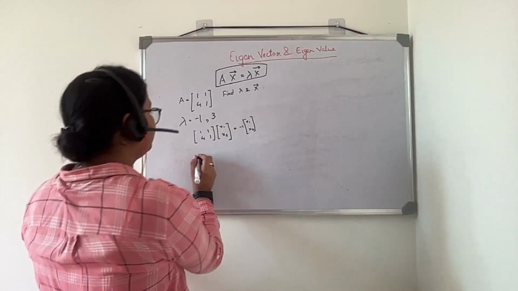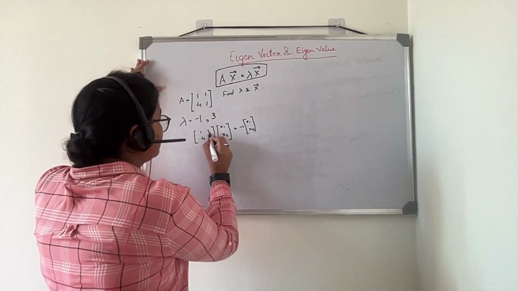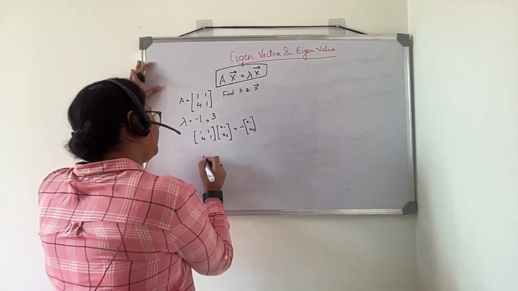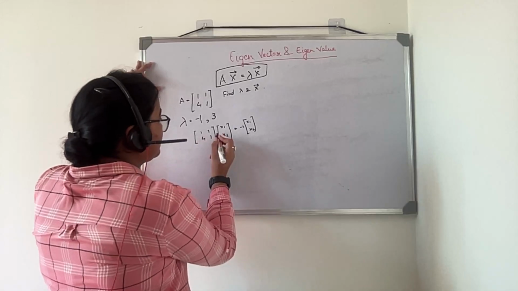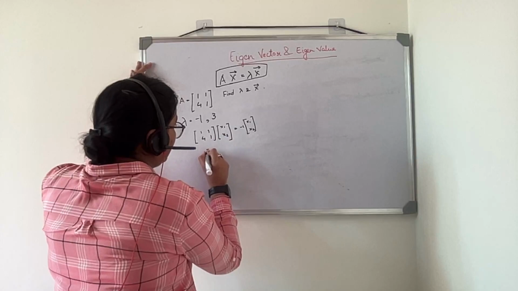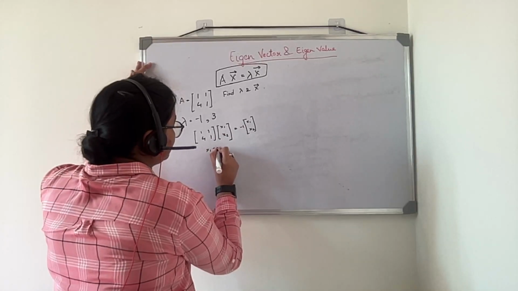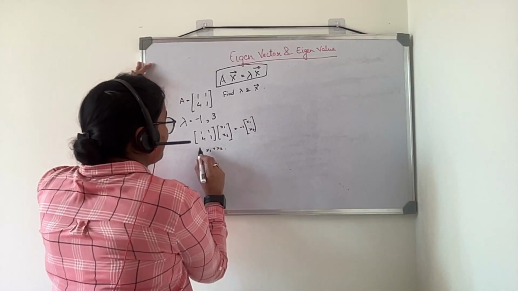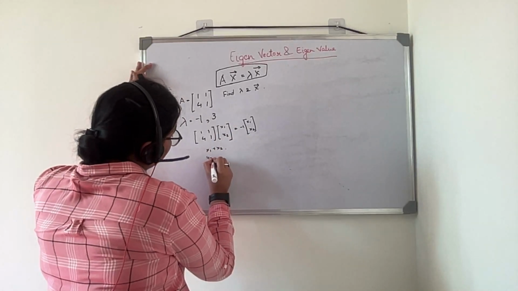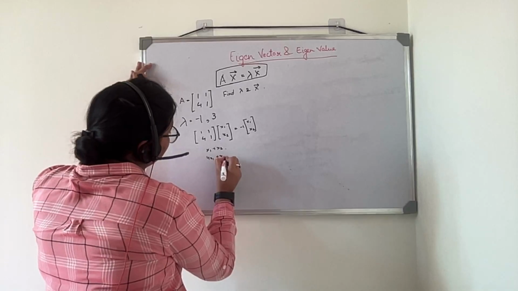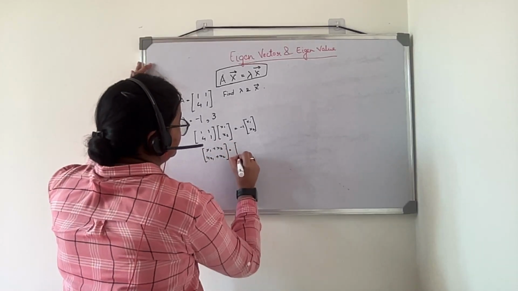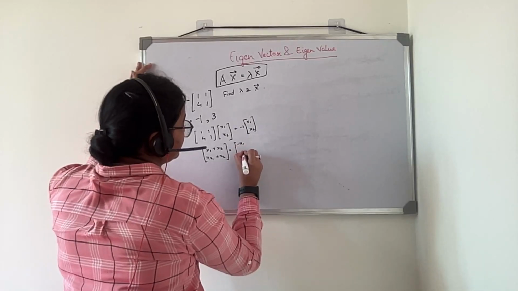So if we multiply this, we get x1 plus x2 equal to minus x1, and 4x1 plus x2 equal to minus x2.